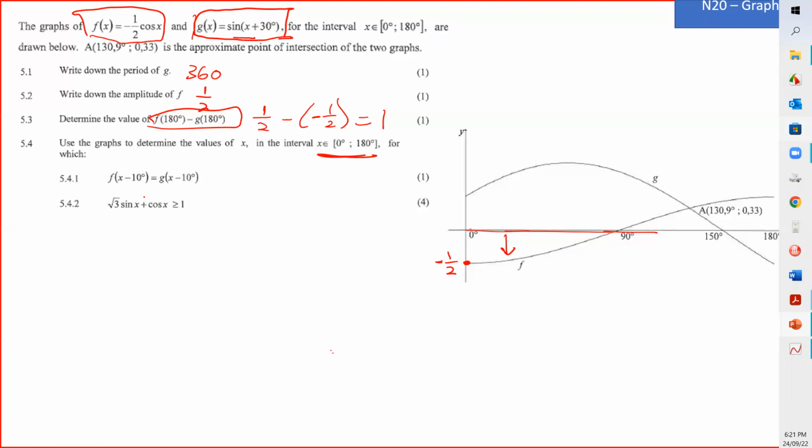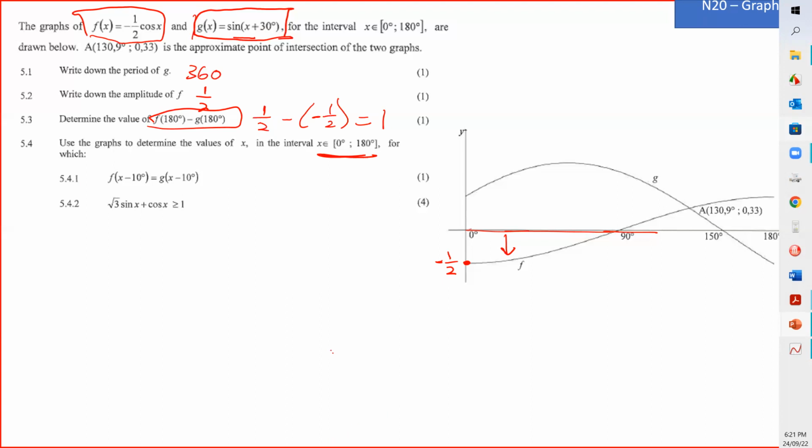If we move the f and g 10 units to the right, then looking 10 units to the left will give us the answer we're actually looking for. If we're not sure about that, you can also use your calculator to assist you.